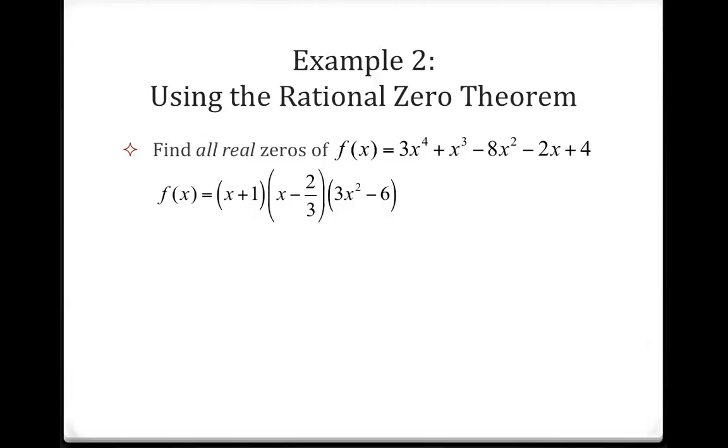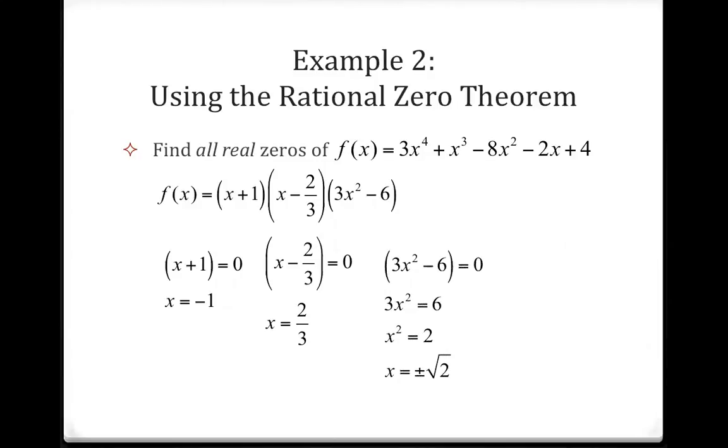So I should be able to set each of these equal to 0 now and solve for x. Since 3x squared minus 6 is not a full trinomial, I don't really need to factor this anymore. I could, or I can just use finding square roots.